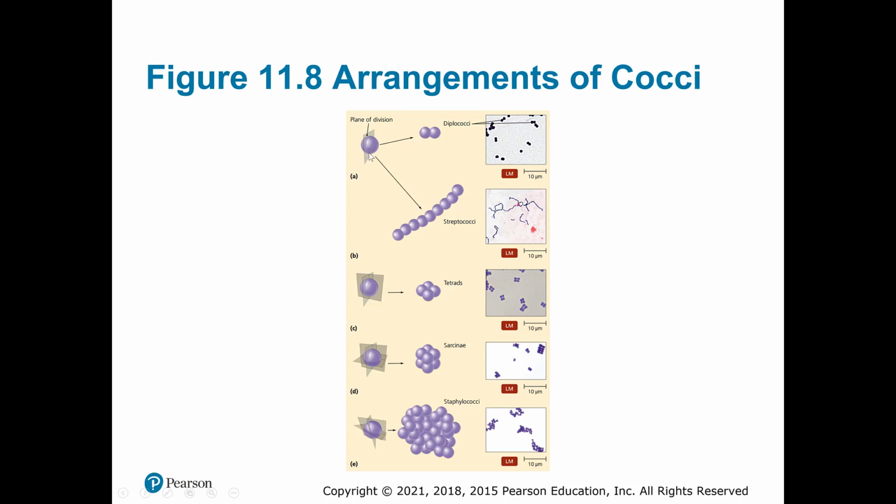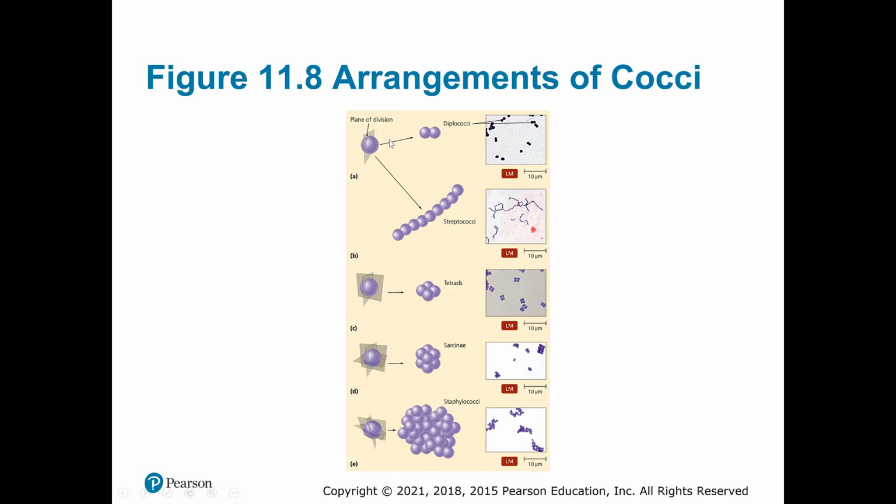When it divides along one plane into two cells, if those two cells stay very close to each other, when you see them under the microscope, you're seeing groups of two cells. That is the arrangement of the cell, and that arrangement of two cells is diplo.